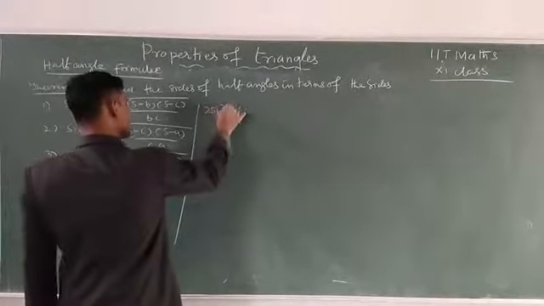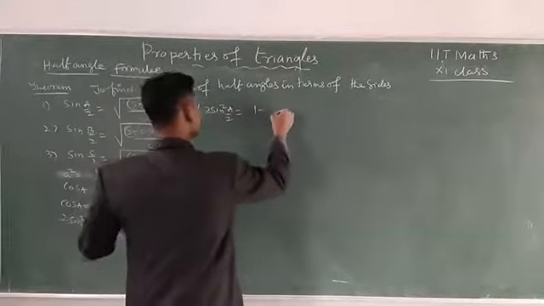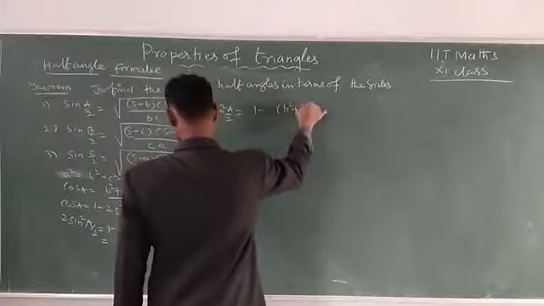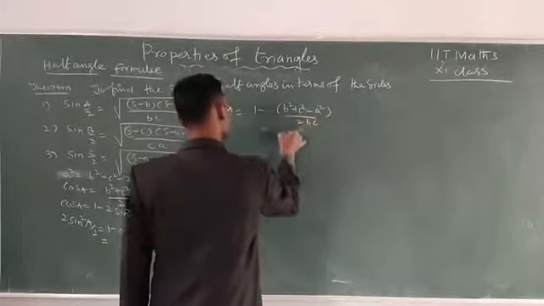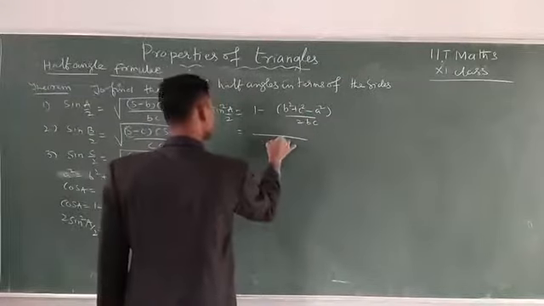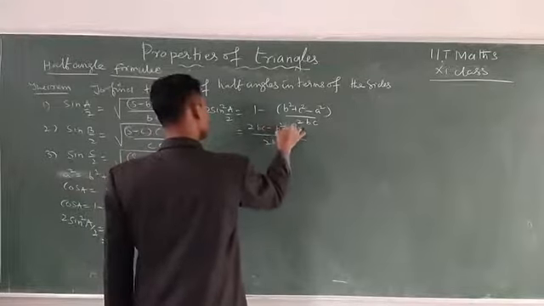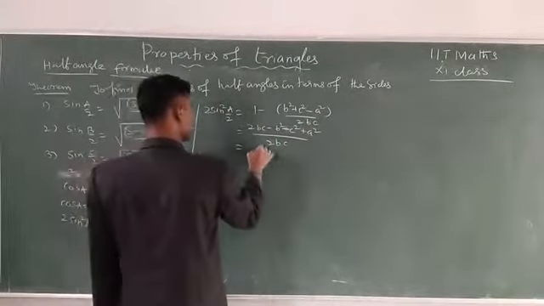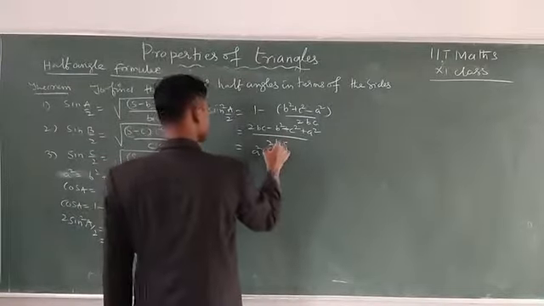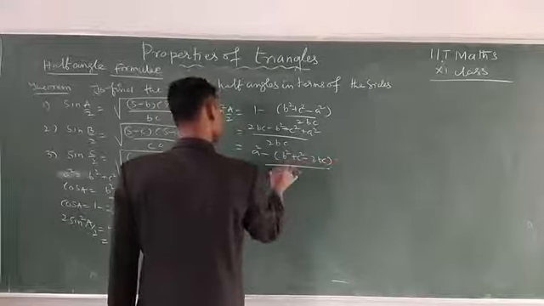Now 2 sin square A/2 is equal to 1 minus (b square plus c square minus a square) by 2bc. Take LCM 2bc. Now 2bc minus b square minus c square plus a square. Now this is written as a square minus (b square plus c square minus 2bc) by 2bc.